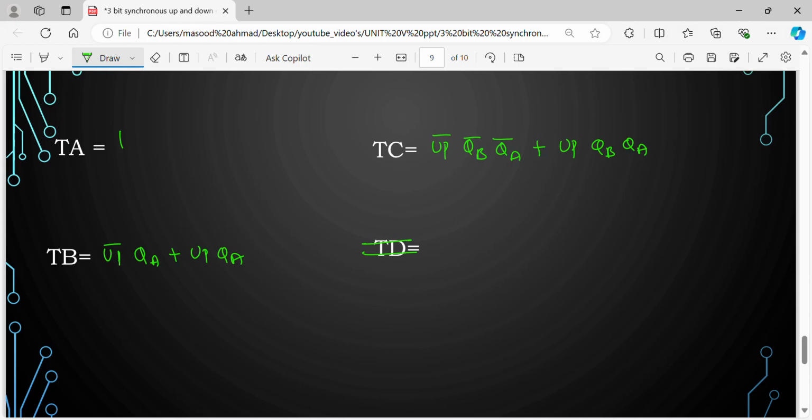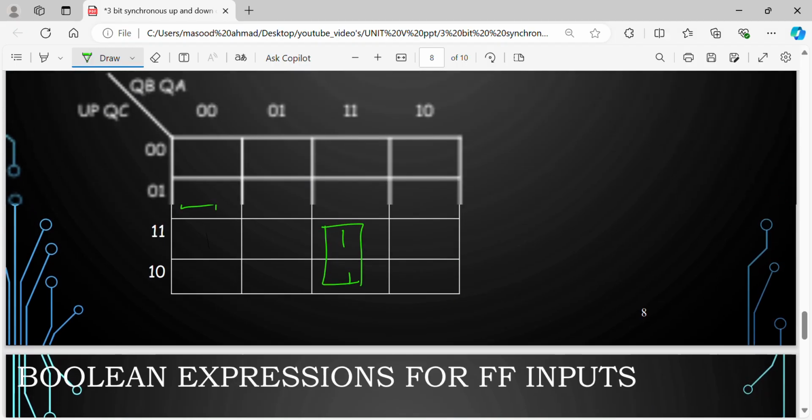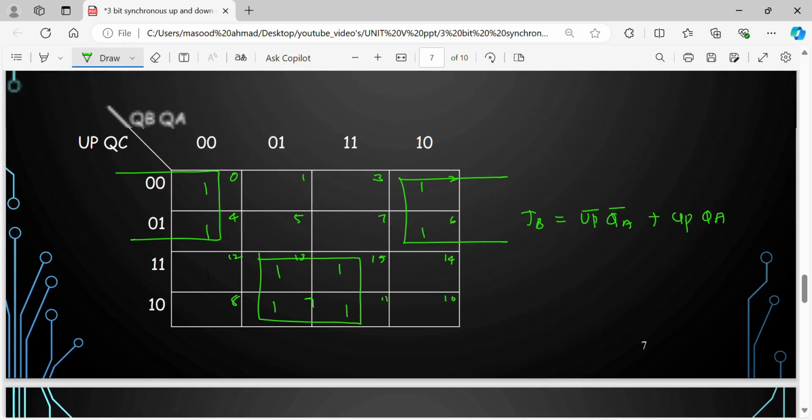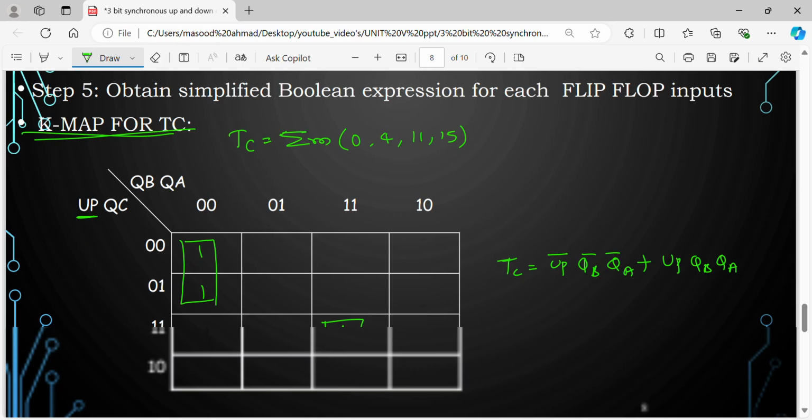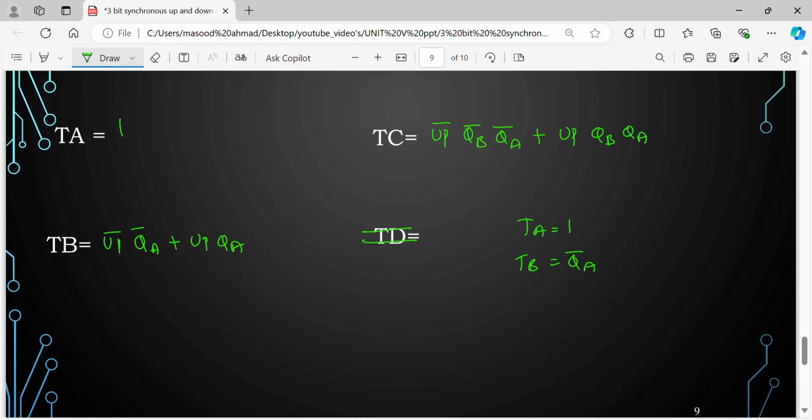So if you observe these expressions, there are certain things. If you leave aside up and up bar, and refer to the up counter and down counter: for a down counter, what we got is TA equals 1, TB equals QA bar, and for TC it is QB bar and QA bar.